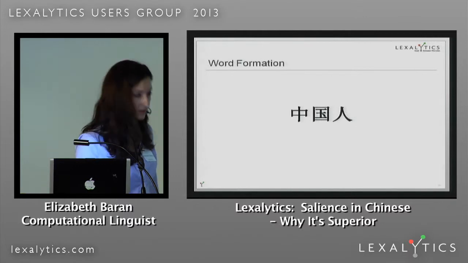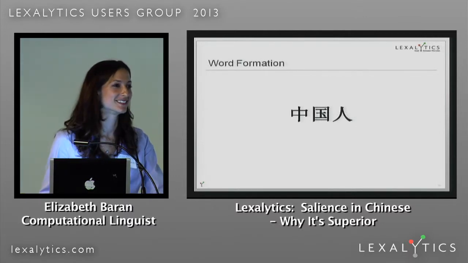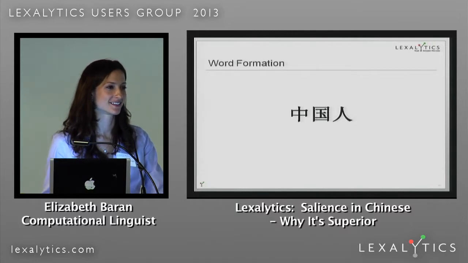I'm curious, I don't know how familiar you are with German morphology, but there are lots of words that are thrown together as compounds of other words. Is there a similar challenge in German? I'm just curious, and a similar challenge that would be met with a similar technical approach, Carl?